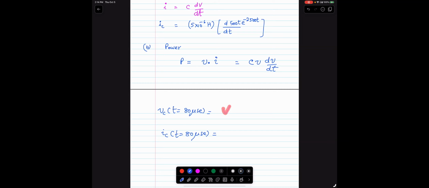I'm not going to solve the problem entirely for you or give you the numbers, but once you solve this derivative and get an expression for I of C, plug in t equals 80 microseconds into that expression.